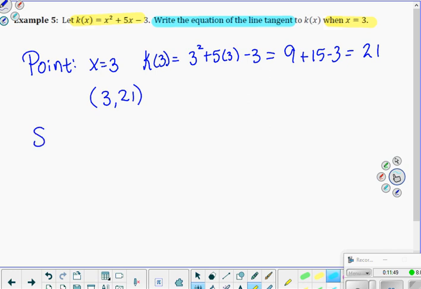Next, let's go find the slope. The slope is k prime, isn't it? Darn, they did not give that to us this time. Well, that's a shame, isn't it? So, in order to find k prime the long method, I'm going to go back to the limit as x goes to my value c.